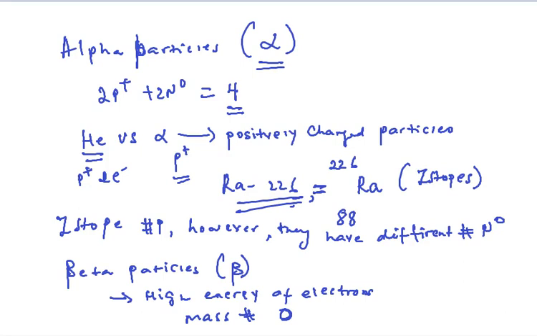The beta radiation is actually produced from unstable nuclei. What's happening inside the nuclei is that when a neutron changes into a proton, we get beta radiation. I can give you a little idea of the nuclear equation for beta particles. If you have a neutron with mass number 1 and atomic number 0, it changes into a proton.